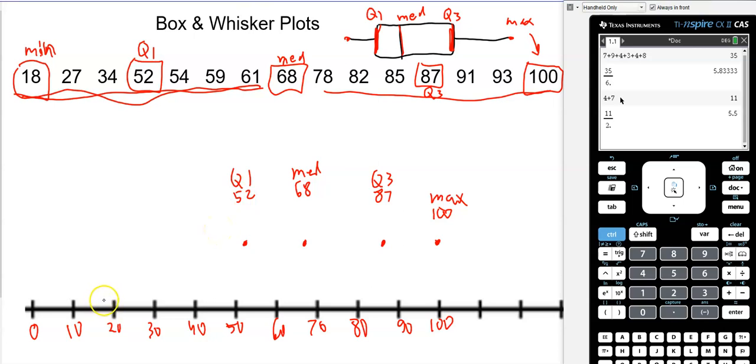And then 18, way over here, is my minimum, which is 18.